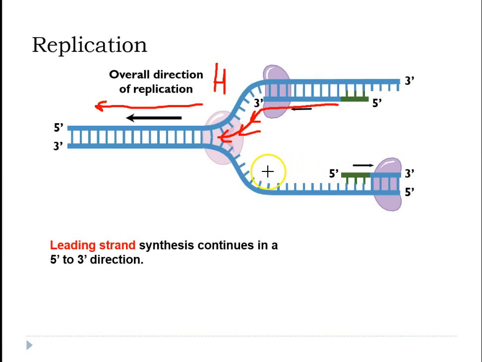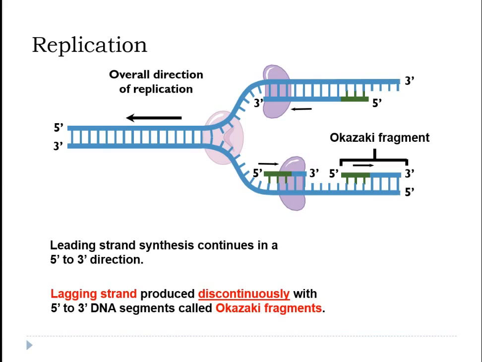So what will happen is he'll have to make another one over here and basically start to fill in these gaps. And eventually this will open up again. We'll have to do another one and another one. And that strand is called the lagging strand.